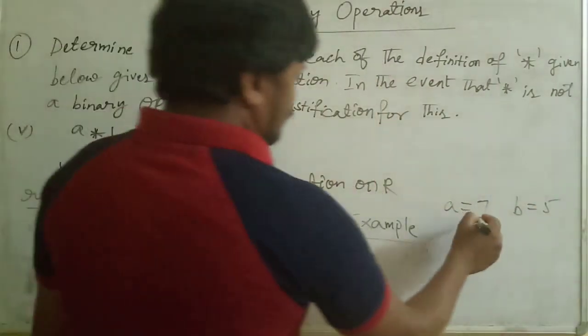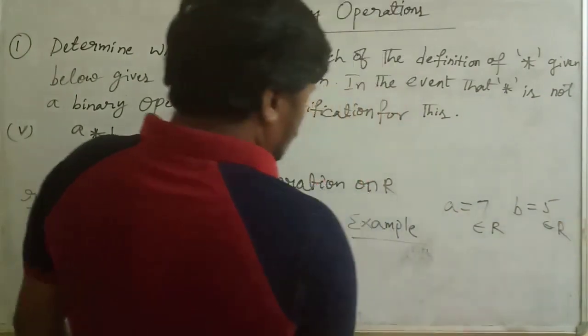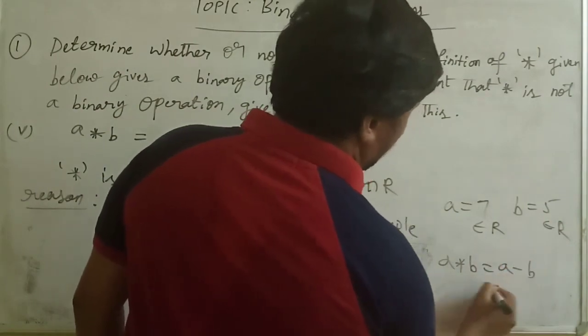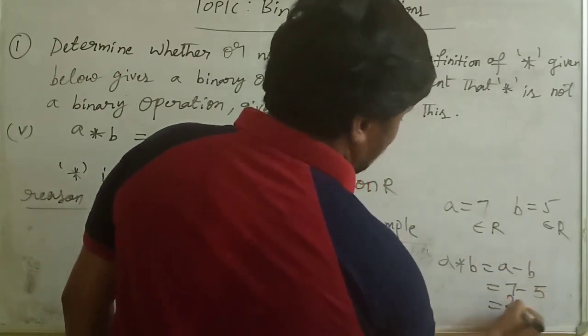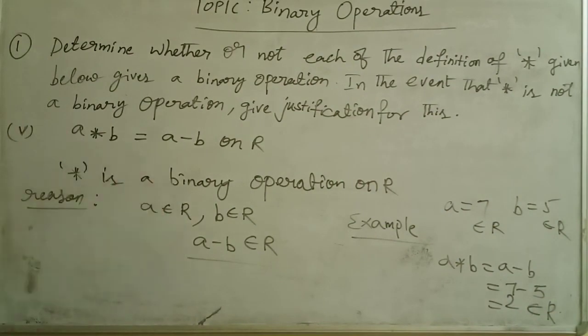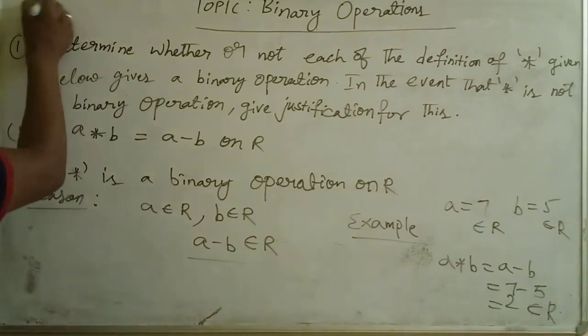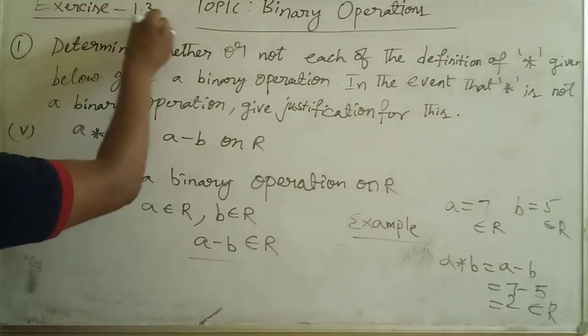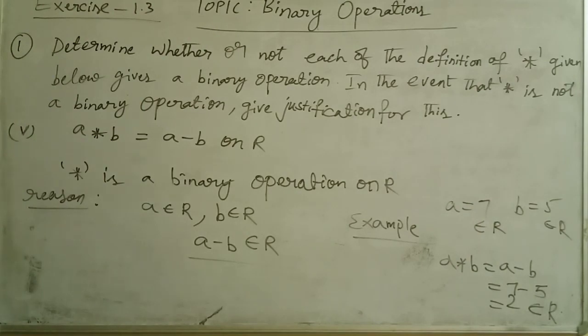This belongs to R, this also belongs to R. Then A star B is equal to A minus B. A minus B means 7 minus 5, that is nothing but 2. 2 belongs to R. So because of this reason, it becomes a binary operation on R. So this is about the 5 problems of your first problem in this binary operations exercise number 1.3. Okay, so this is about your first one, and let's move on to the second.